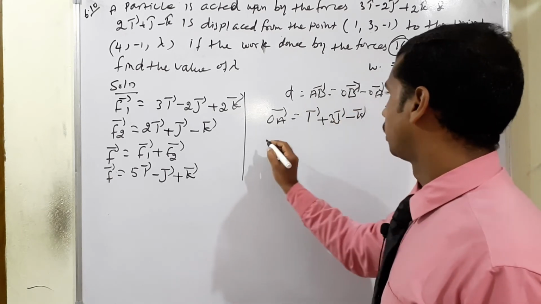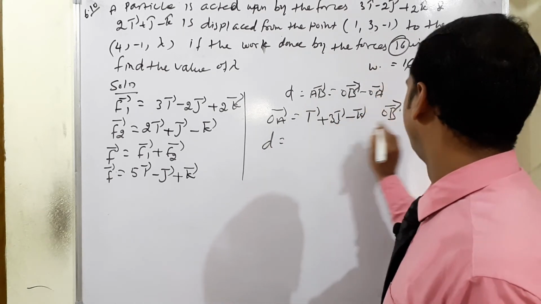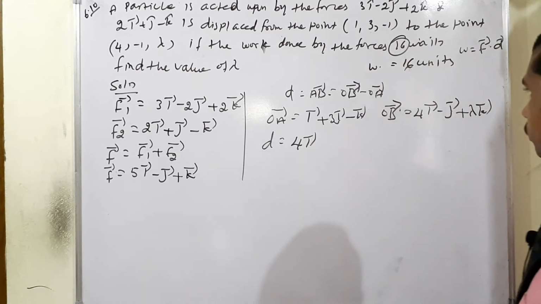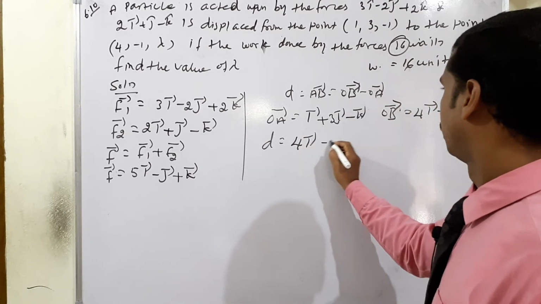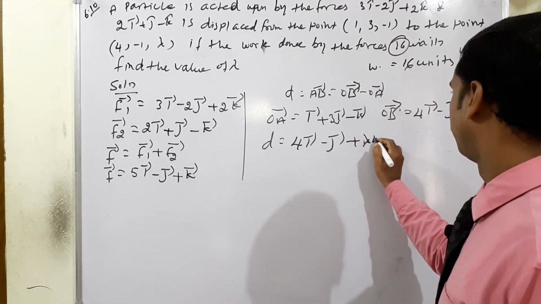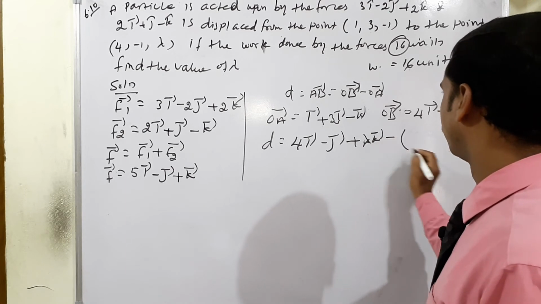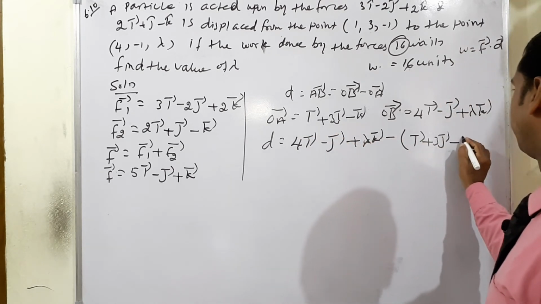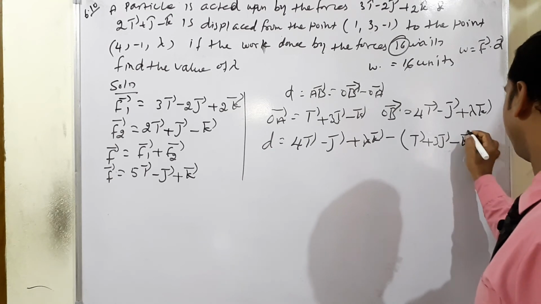So D is equal to OB, which is 4i vector minus j vector plus lambda k vector, minus the bracket of i vector plus 3j vector minus k vector.